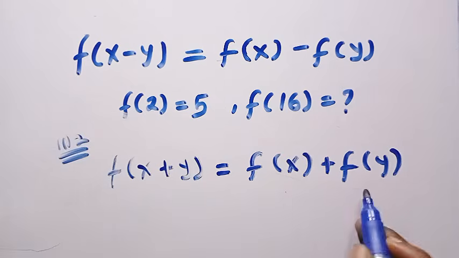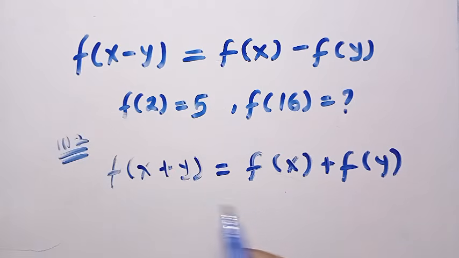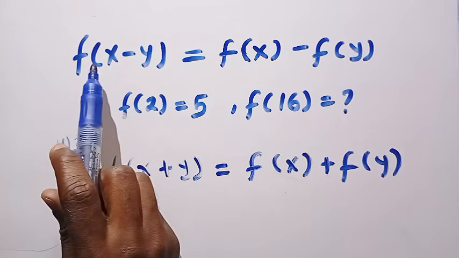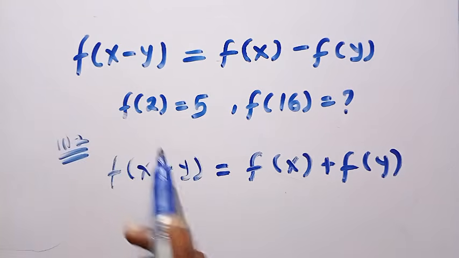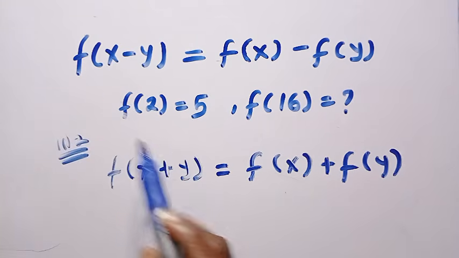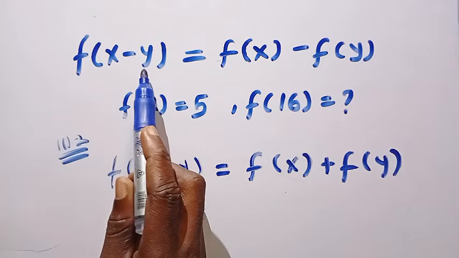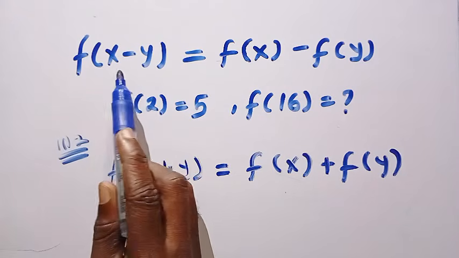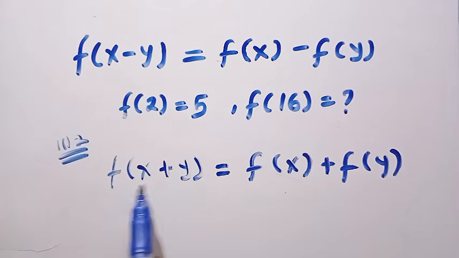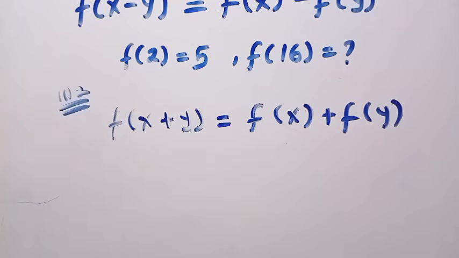So I want to apply this. If I want to apply this, it means we'll be setting x and y to be the same number. But if we want to apply f of x minus y, we'll be giving one priority. Suppose x is 4, then we change this one to 2. So they will have two intervals, but for this one, they will have the same interval.